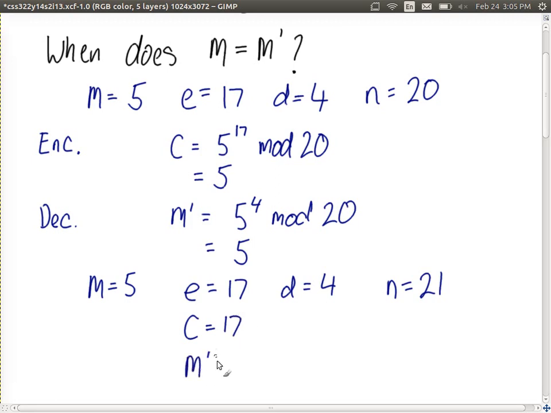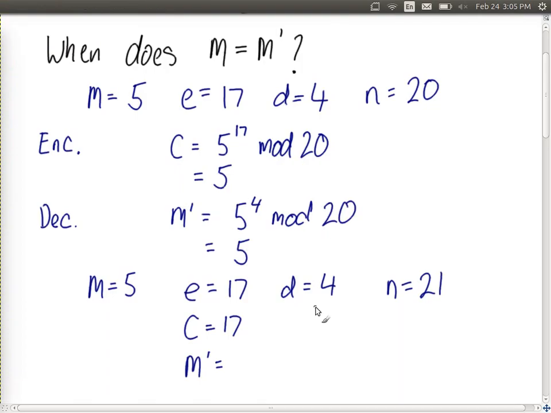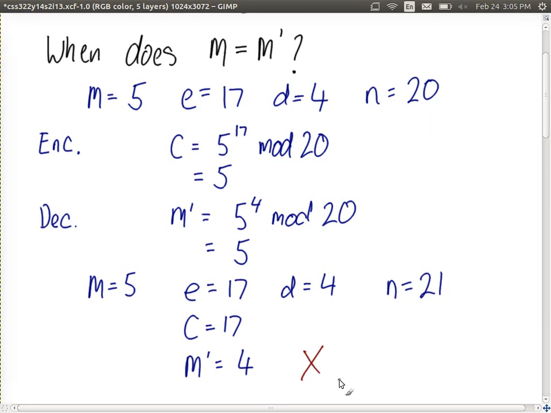What does M prime equal? 17 to the power of 4 mod 21. What did you do wrong? 4. It doesn't work. So it doesn't always work.